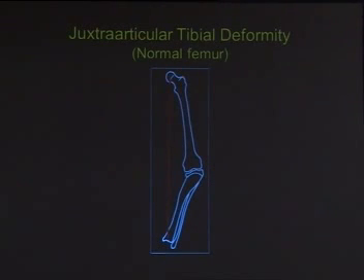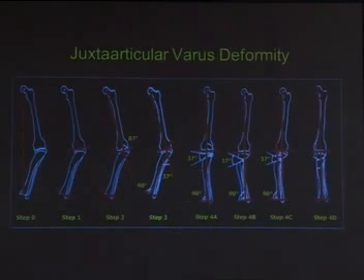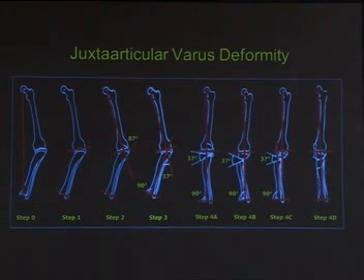Juxta-articular tibial deformity. In this case, again the mechanical axis. You can see here the mechanical axis goes like that, the other mechanical axis goes like that, and they join here. So the CORA is at this joint level, and there is a juxta-articular deformity of the tibia.